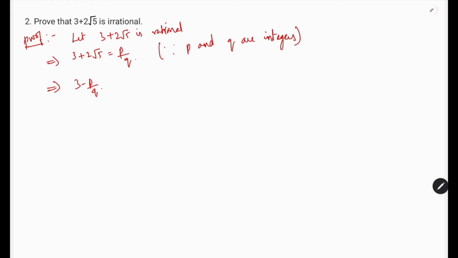Take 3 to the right side and 2 root 5 to the left. Now take 2 to the other side: 3 minus p by q, the whole divided by minus 2, is equal to root 5.